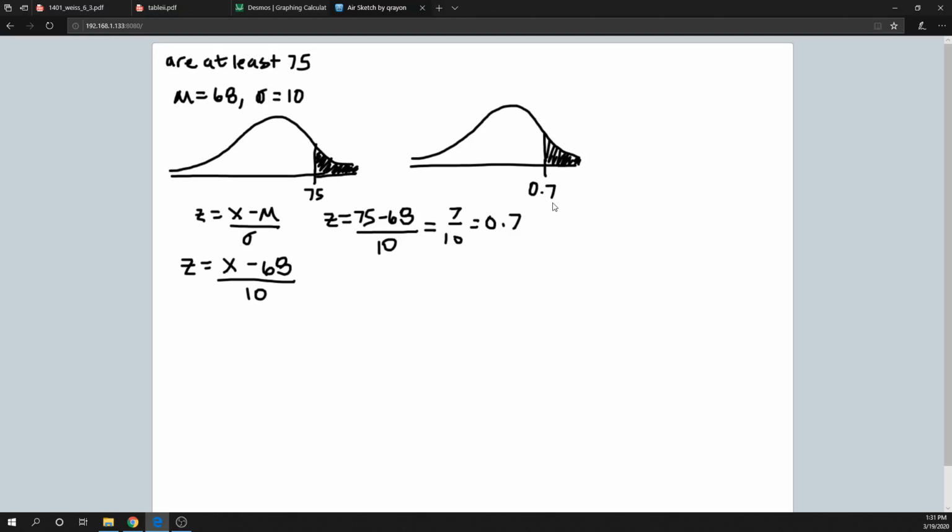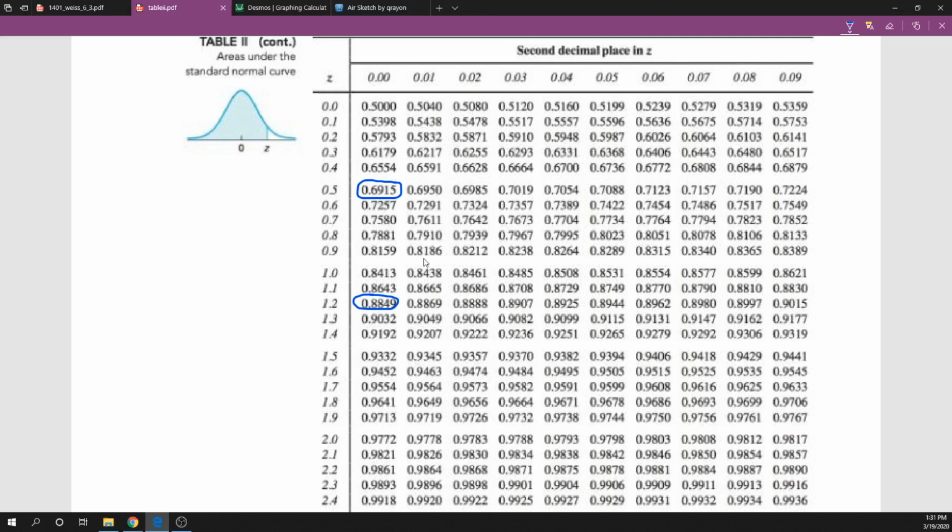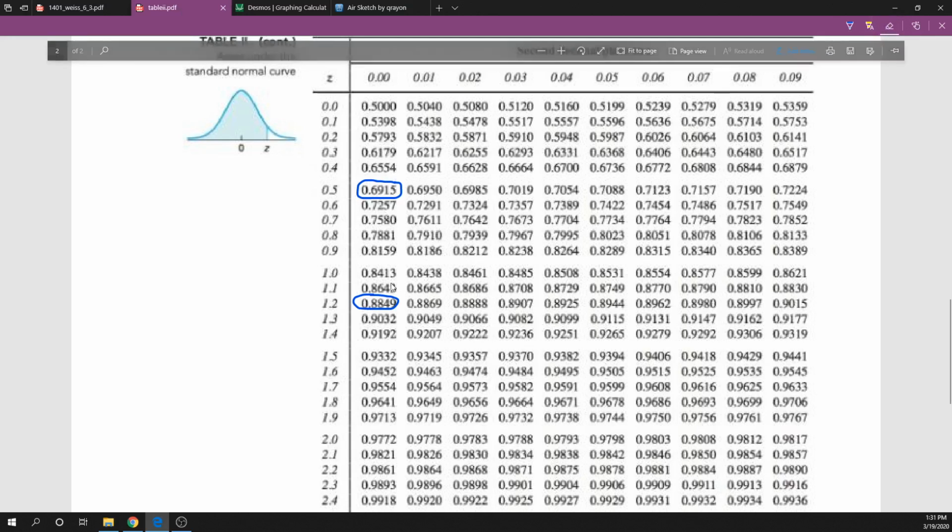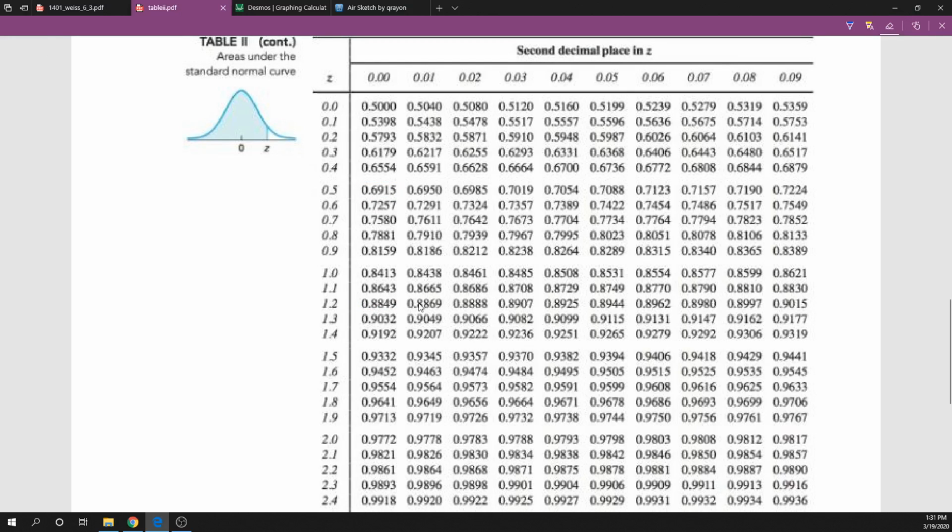All right, and so going to table 2, we're looking at 0.7, that's right here. And this is the area to the left of 0.7. I'm just going to write that down. 0.7580. Okay. All right.